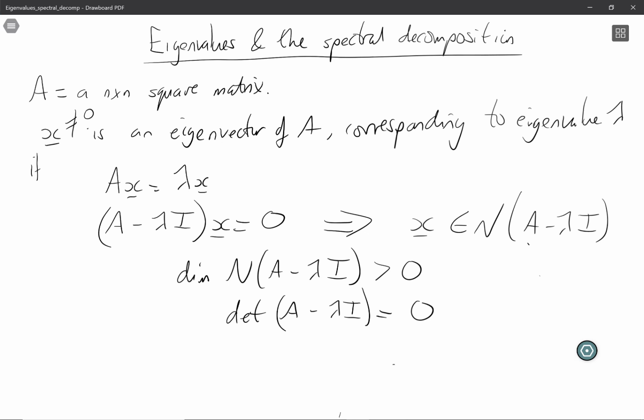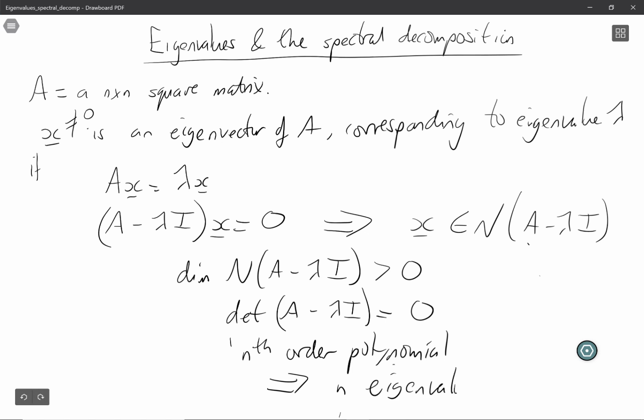This is how we find eigenvalues. We write down the equation, the determinant of A minus lambda I is 0, and we solve it for the eigenvalues. This is an nth order polynomial, so we get n eigenvalues: lambda 1, lambda 2, up to lambda n.